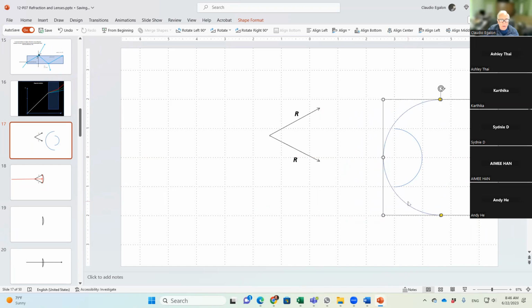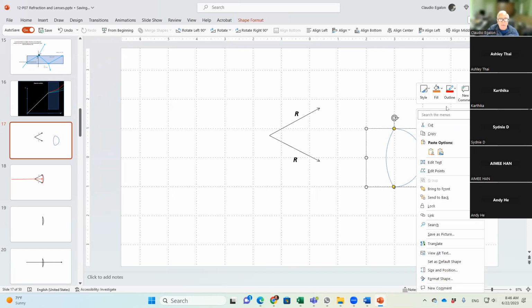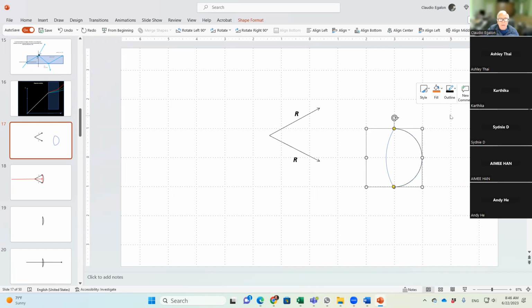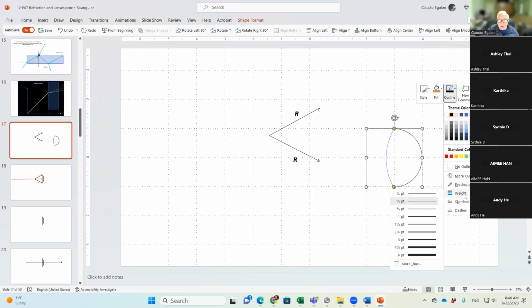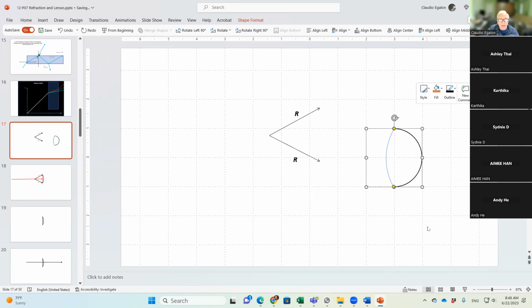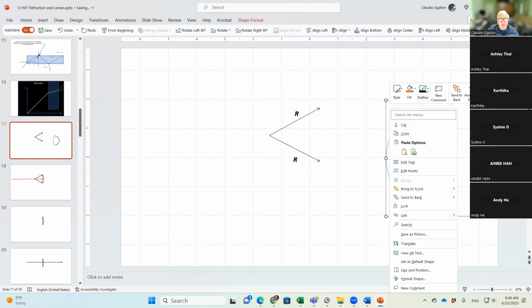What you have here is a biconvex lens. This is a positive lens. Let me make it look nicer. I don't like this light blue color, which unfortunately is standard.